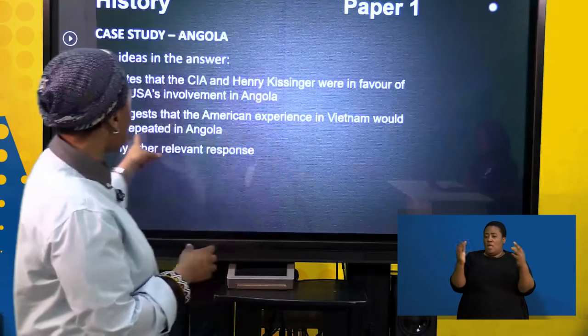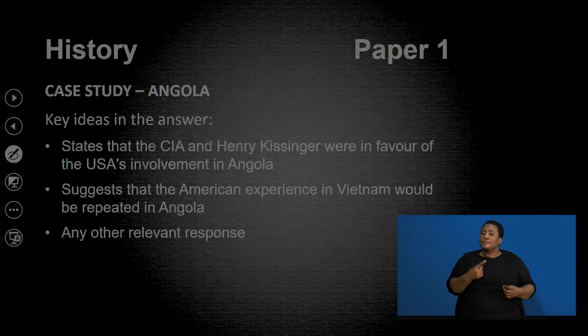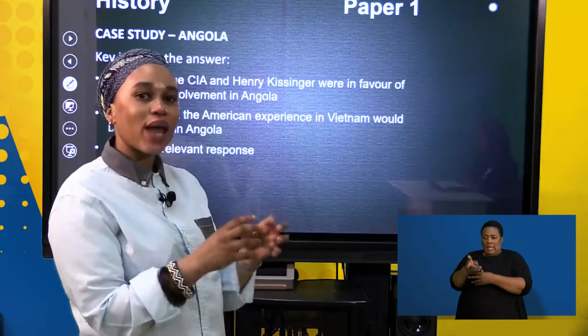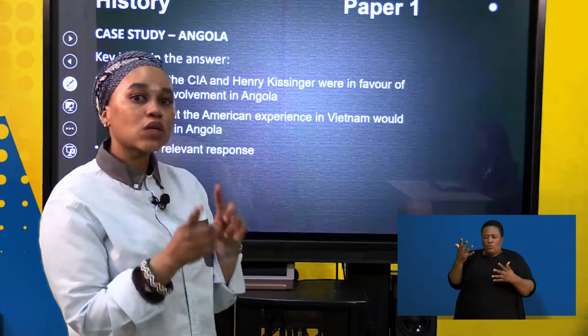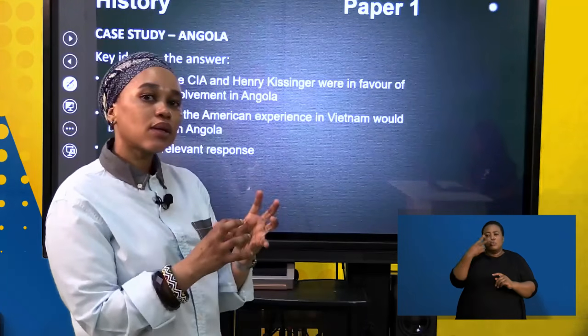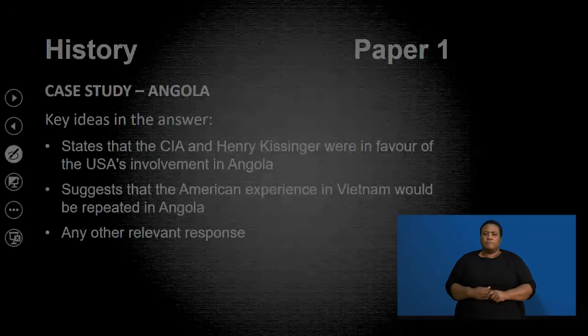So as you can see in this response here, it suggests that the American experience in Vietnam would be repeated in Angola. Even if you don't know all the details of what happened in Vietnam, it's important for you to see that the cartoonist is making the comparisons. Okay, so that is very important. And then any other relevant response.